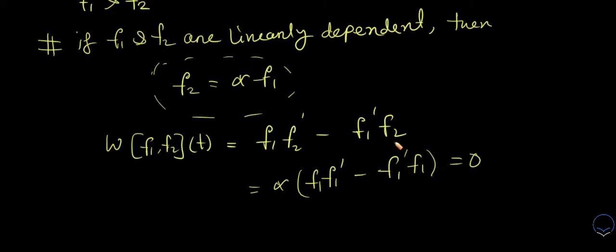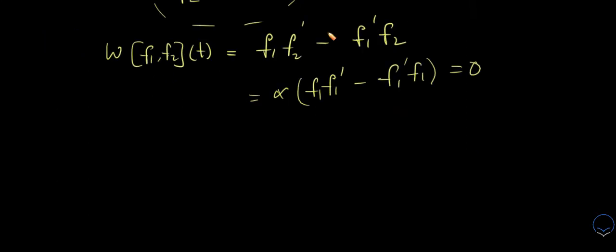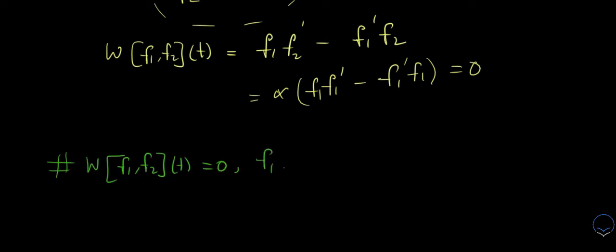So if two functions are linearly dependent, the Wronskian is 0. If the Wronskian of f1, f2 of t is 0, we can say that f1 and f2 are linearly dependent.